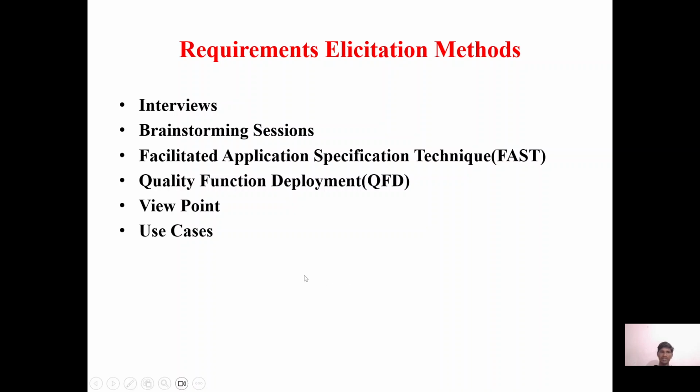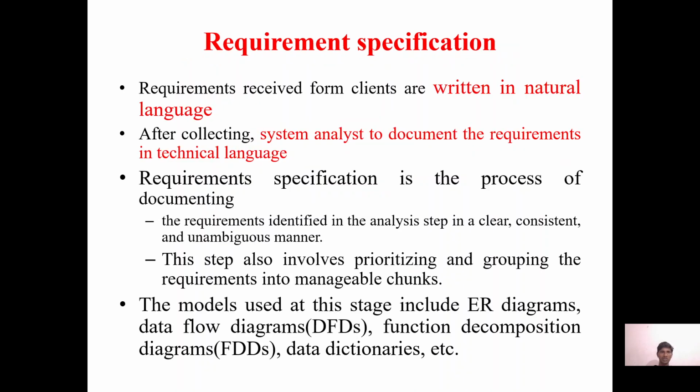There are basically three types of viewpoints: interactive or indirect, and domain viewpoints. The customer views will be based on this as a hierarchy. Next is use case, which identifies individual interactions and is used extensively to represent requirements, or to do requirement elicitation.